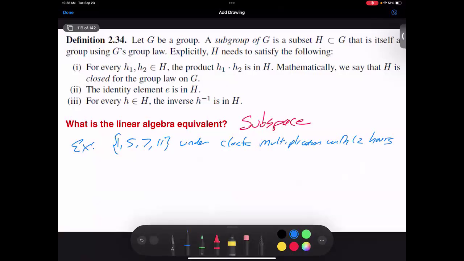We showed that that was a group. Can somebody give me a subgroup? There is one trivial subgroup that you should always be able to get. Yes. Excellent, right? The whole thing is always going to work.